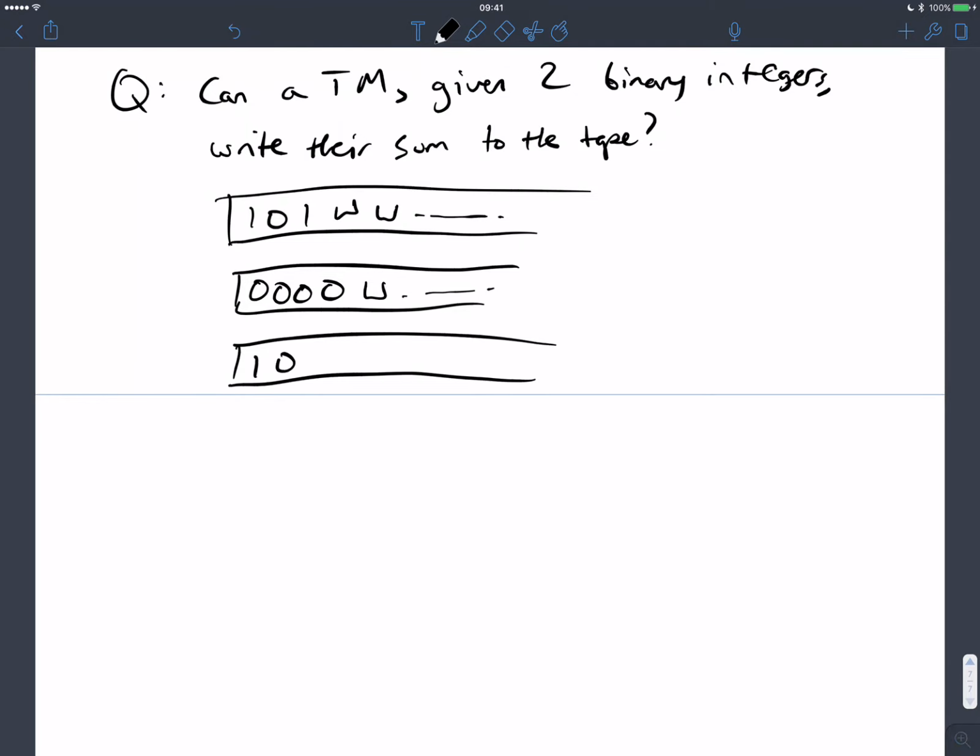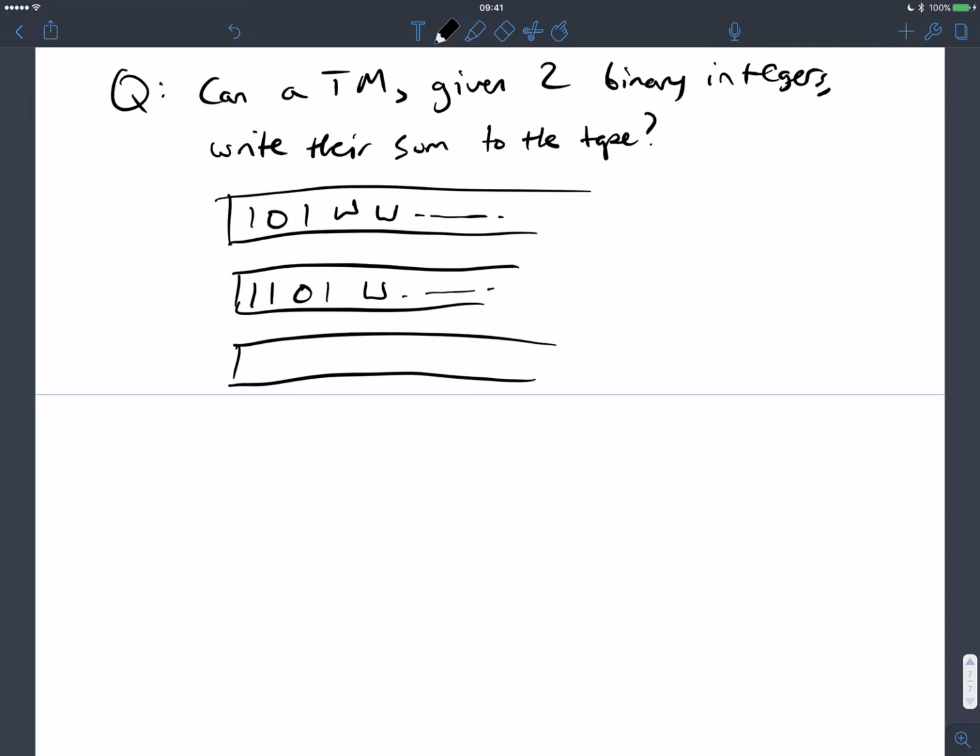Then I want 101 here. What if I had a single 1 right there? Then I need to do the standard addition that we know quite well. Okay? Well, I'm going to give you another algorithm. So I'm going to turn this back into 1101.